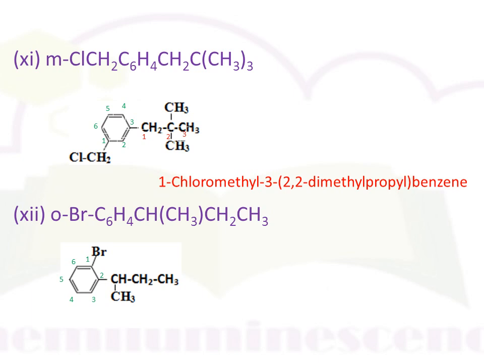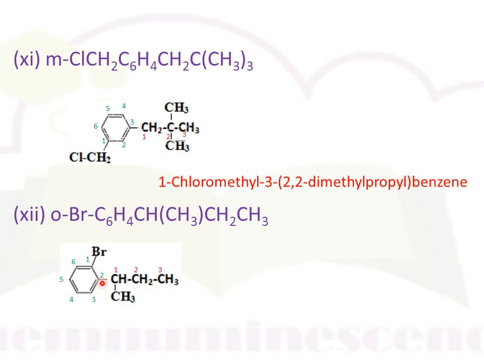At the first position bromine is present, at the second position this group is present. Now for assigning the name of this group, give a numbering to the longest hydrocarbon chain. The numbering will be like this. There are a total of 3 carbons in the longest chain, and at the first carbon a methyl group is bonded, hence the name of this substituent is 1-methyl propyl, and it is present at the second carbon of the benzene ring.